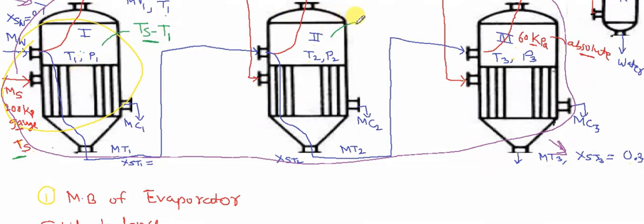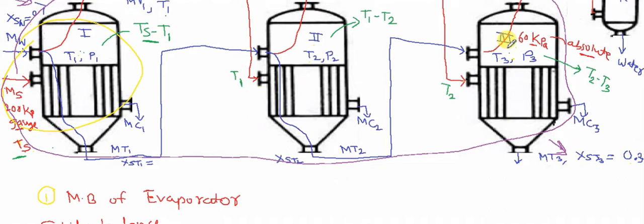In the second effect evaporator, the temperature difference will be how much? Here whatever steam is coming, that temperature is T1. Inside temperature is T2, and therefore the temperature difference is T1 minus T2. About the third effect, here steam is coming at temperature T2, inside temperature is T3, and therefore the difference will be T2 minus T3, where T3 is the inside temperature.